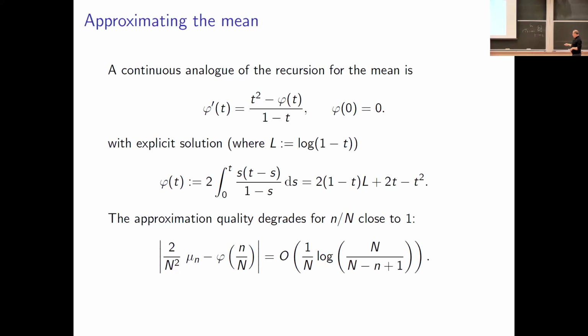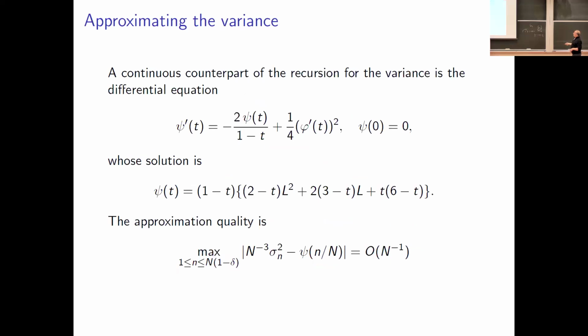Okay, so with scaling 2 over n squared, the mean number of vertices in the graph minus this limiting function, we will get this error. A similar thing can be done with the variance, and in the continuous counterpart of the recursion for the variance, this differential equation, it's again linear, and this non-homogeneous part involves the function which appears by computing the mean, and this can also be solved explicitly.